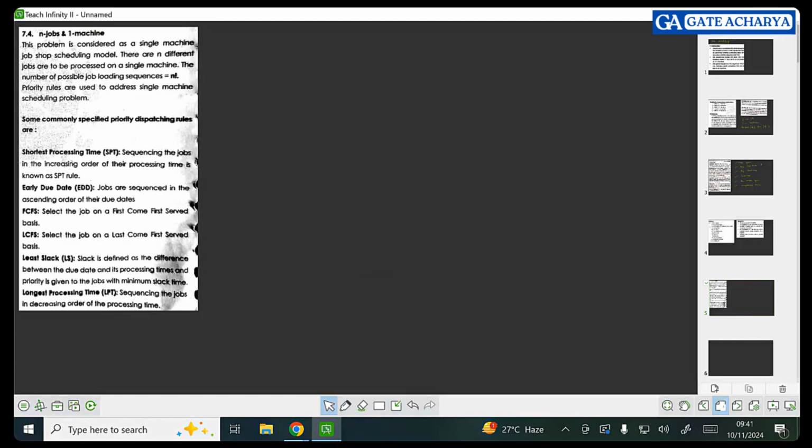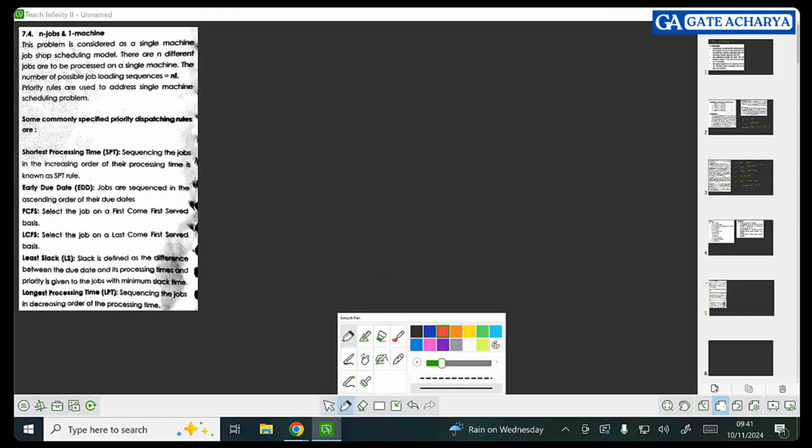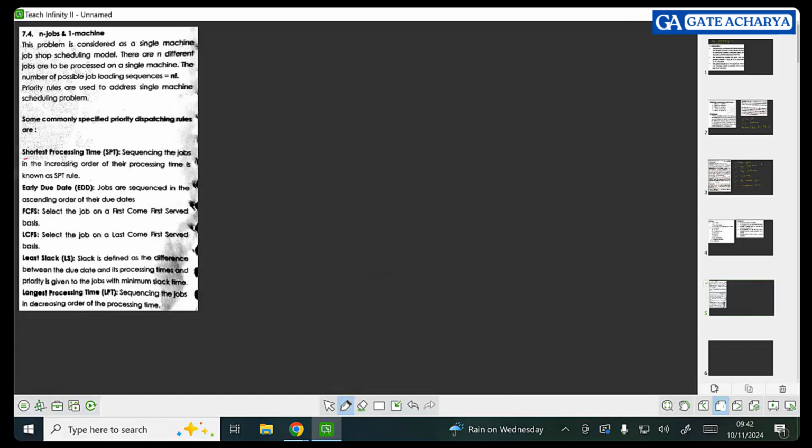In that we have the shortest processing time model, SPT. Next, the earliest due date, EDD model. Then first come first serve and last come first serve, least slack value, and longest processing time, LPT.